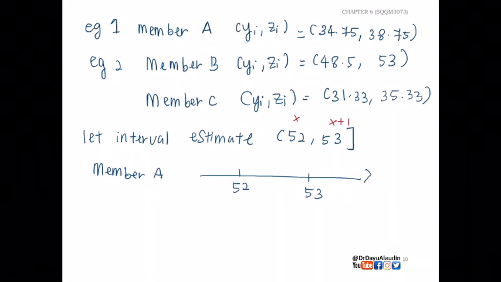So yi is 34.75, zi is 38.75. This is yi, this is zi. This is x, this is x plus 1. So yi and zi, the entry age and the exit age, are outside of the interval estimate. So member A is considered as not contributing.